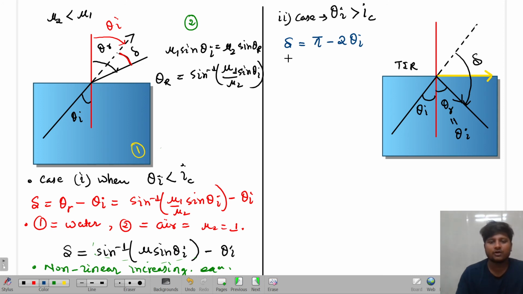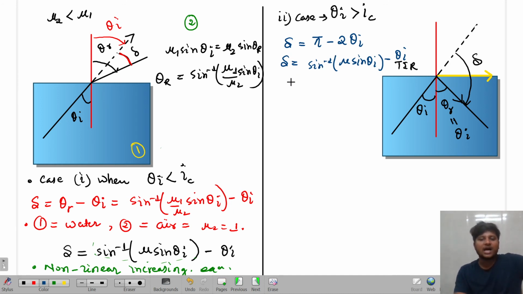Again, here also the formula of deviation will be similar: sine inverse of mu sine theta I, minus theta I. This formula is still possible, but the apparent formula I can get is deviation equal to pi minus twice theta I.